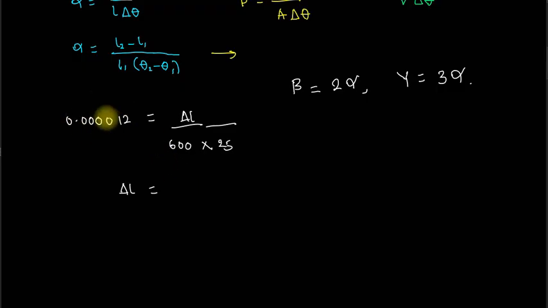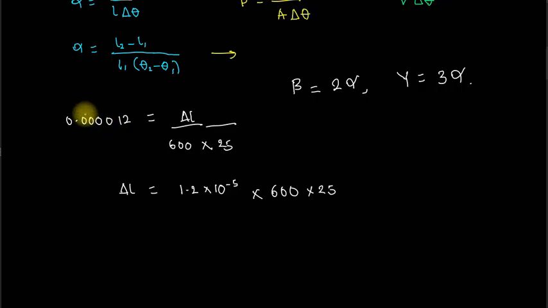So convert this to standard form. A shortcut is to just count the number of zeros: 1 2 3 4 5. So we have 1.2 times 10 raised to the power minus 5, times 600 times 25.